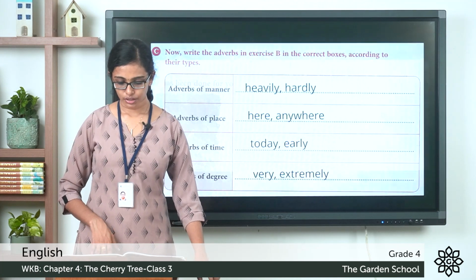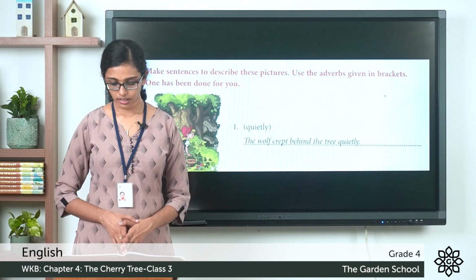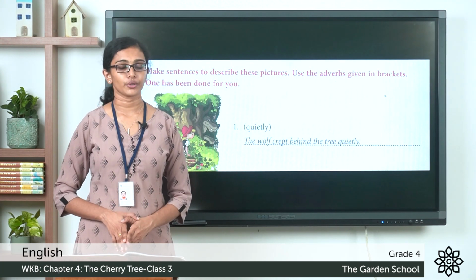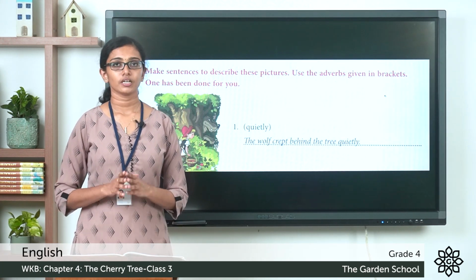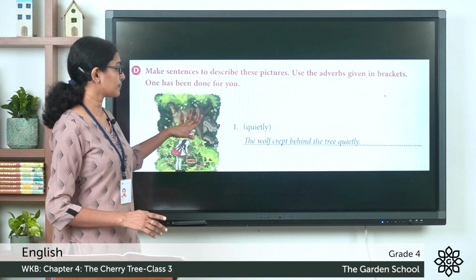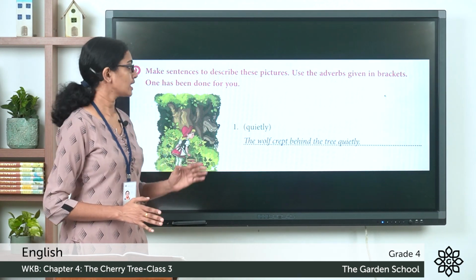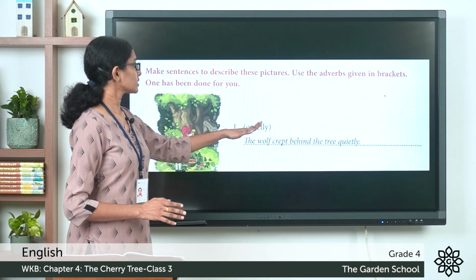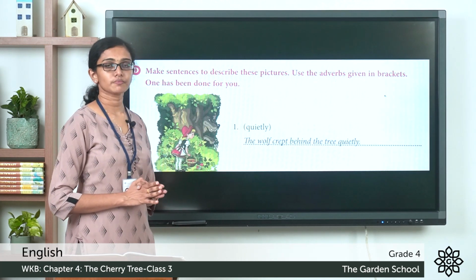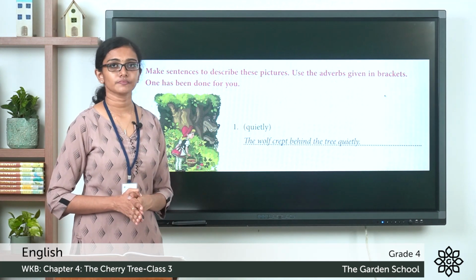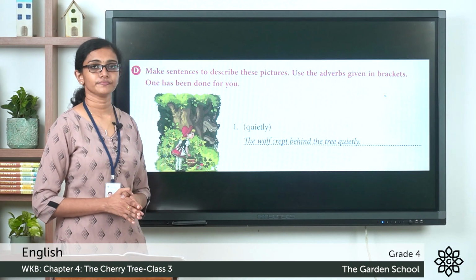Make sentences to describe these pictures. Use the adverbs given in brackets. What has been done for you? So in this exercise, for each question, you can see a picture like this. You observe the picture very carefully and you have to use adverbs given in the brackets provided for each question to make a meaningful sentence describing the picture given.